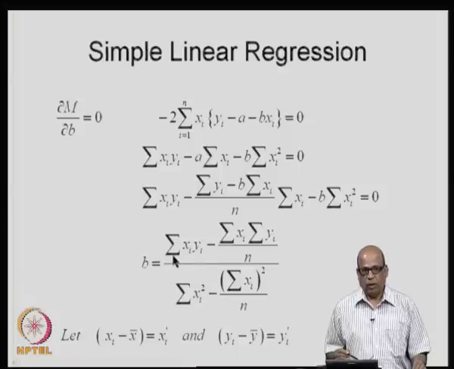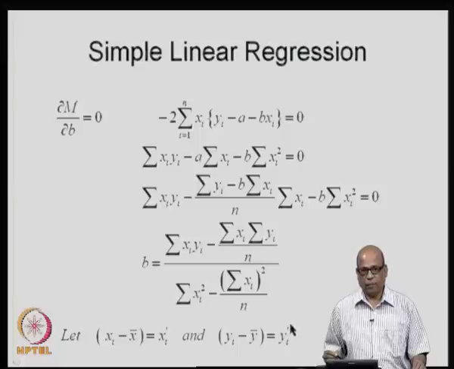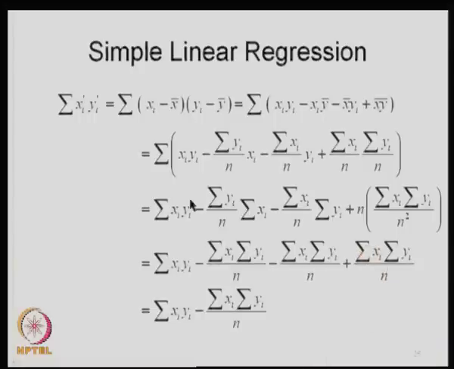But we write this in a slightly more elegant form by taking x_i minus x bar, which is the deviation of this particular point x_i from its mean x bar, as x_i dash, and y_i minus y bar we write as y_i dash. Using this we write the expression for b in a more elegant form.